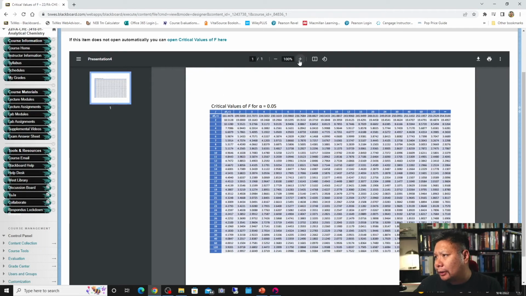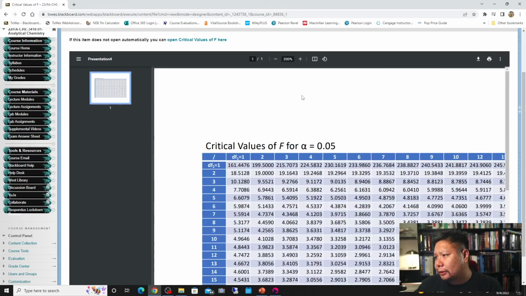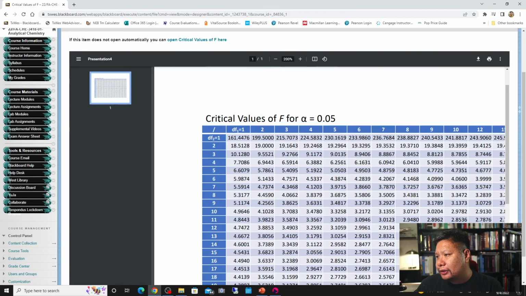And if you take a look up here on the table, you see that these are the critical values for F at an alpha, also known as a significance level, of 0.05, right? That actually corresponds to a confidence level of 95%.